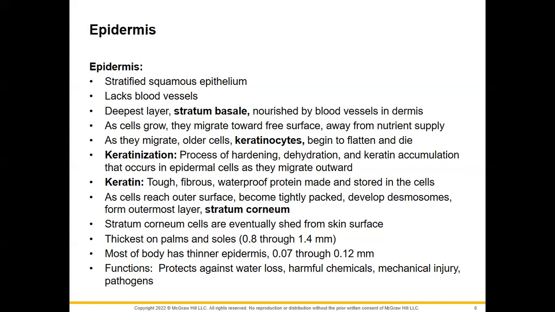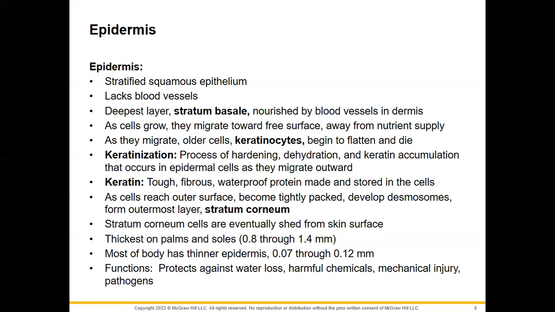The outermost, or most superficial, layer is the stratum corneum. So whenever we touch our skin, we're touching dead, flattened, keratinized cells that have been hardened and dehydrated, waterproof, right? And that is what makes up the stratum corneum.